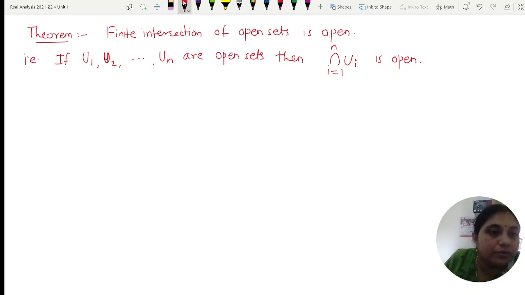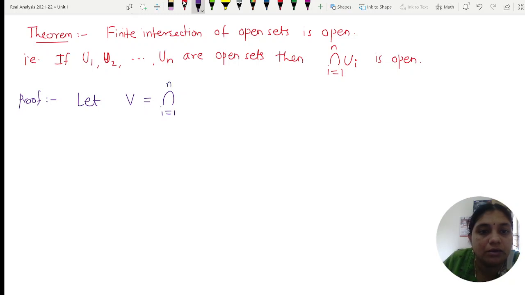So how can we prove it? Again on the same lines. Whatever set we want to show is open, denote it by V. V is equal to the intersection over i equal to 1 to n of Ui. I want to show this V is open.